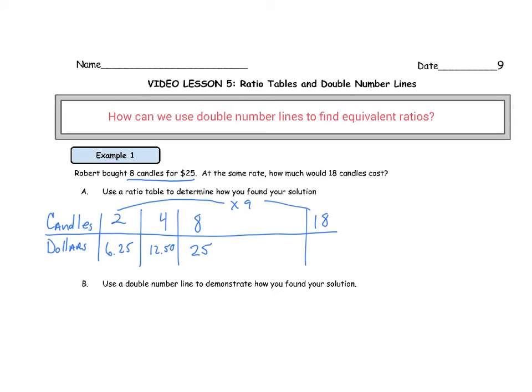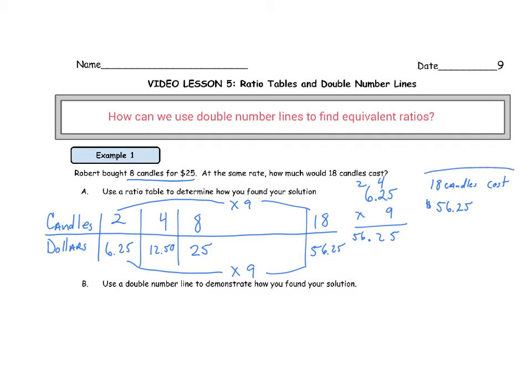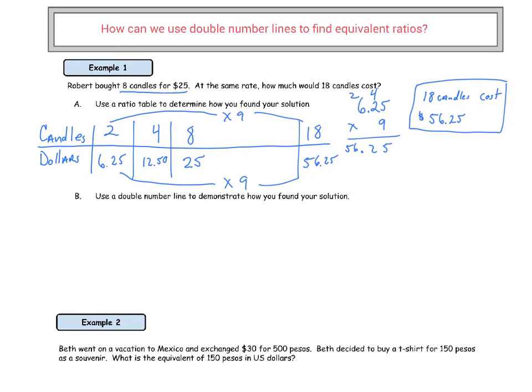Whatever I do to the top, I have to do to the bottom in order to keep our ratios equivalent. 6.25 times 9 will give us our solution. The product of 6 and 25 hundredths times 9 is $56.25. 18 candles cost $56.25.